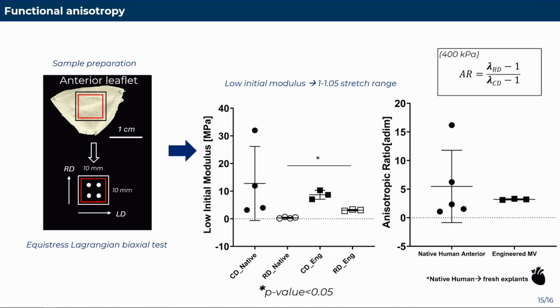From the biaxial curves, we extrapolated some parameters, specifically the low initial modulus, calculated in a range between 1 and 1.05 stretch, and also the anisotropic ratio calculated at a 400 kilopascal stress value. And we can say, as was suggested by the curves themselves, that along the radial direction we have differences between the native and the engineered valve.